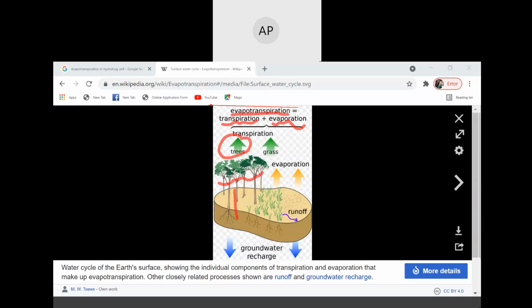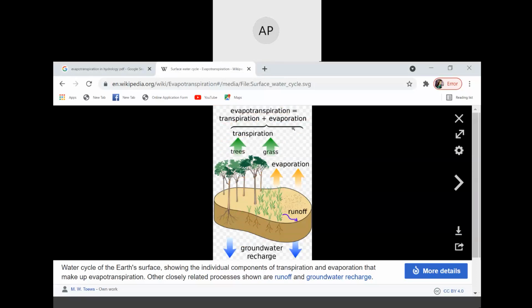Suppose there is heavy rainfall. Some part of the water will flow to the groundwater, and some part will flow to the surface, that is your surface flow. From the surface flow it will evaporate, form clouds, and the clouds will again form rain.